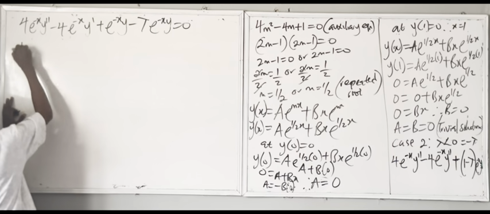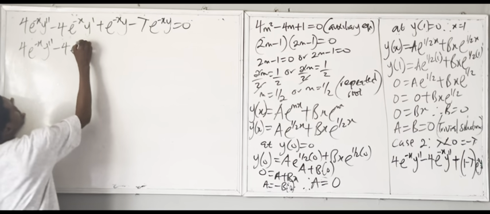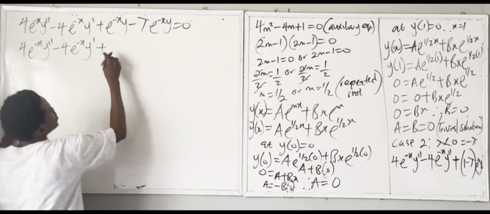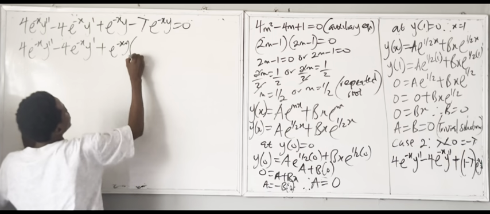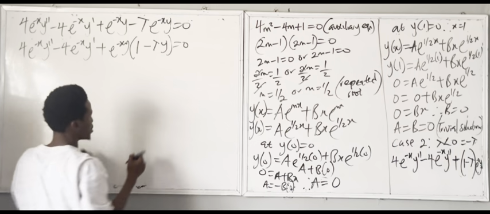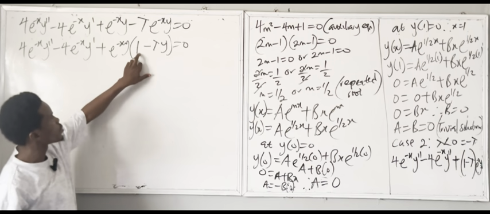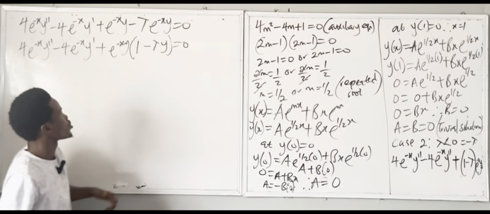So let us consider this: 4 exponential minus x y double prime minus 4 exponential minus x y prime plus exponential minus x, which is common, then 1 minus lambda y is equal to 0. It's still the same thing.